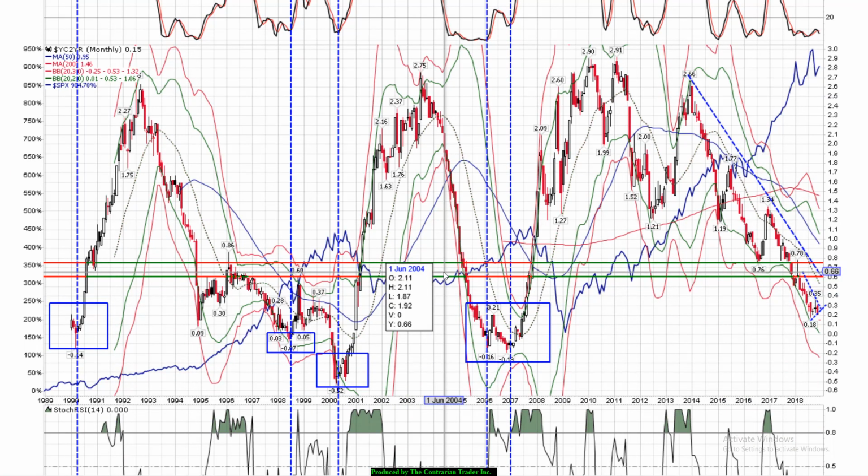A flattening yield curve means in and of itself not all that much. It's just normally a heads up that, you know what, there's something wrong out there. It's when yield curves invert, meaning shorter duration yields are higher than longer duration yields, that usually is a sign of recession.